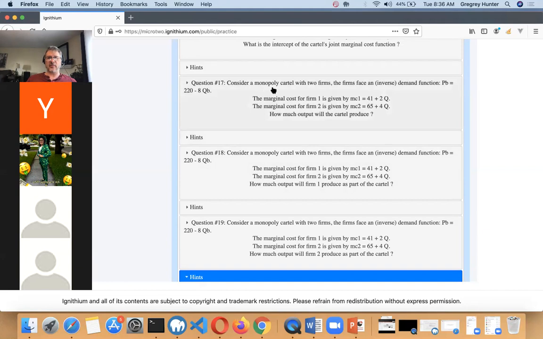Consider a monopoly cartel with 2 firms that face this inverse demand function here and here. How much output does the cartel produce? Is that the right question? Yeah, because I know we're using 9.94 because it was the higher producing firm.